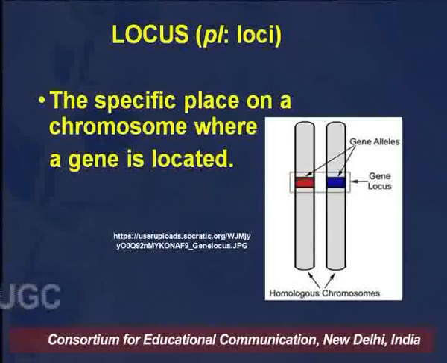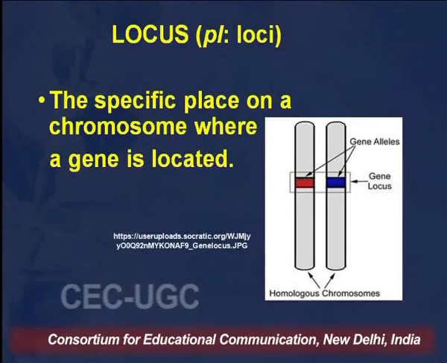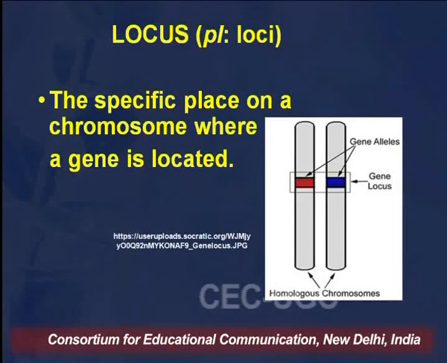So first let us define what a locus is. A locus, where the alleles are present, is a specific place on a chromosome where a gene is located. So on a set of chromosomes the position is predetermined.